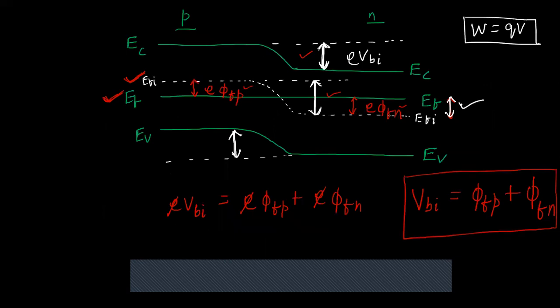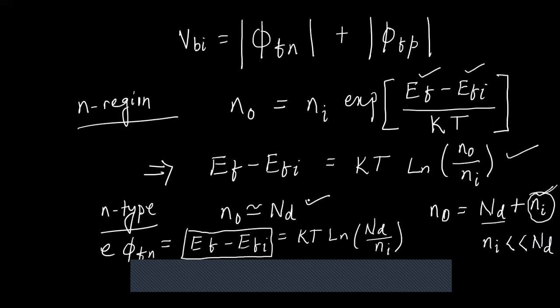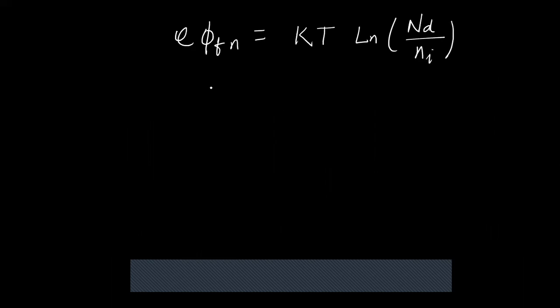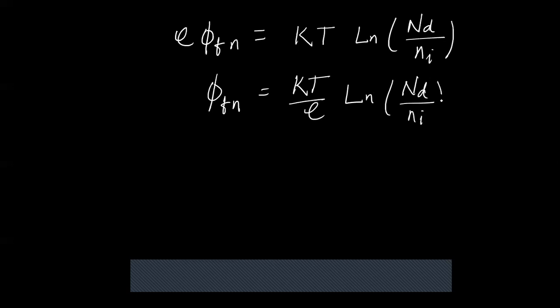So finally, e times phi Fn can be written as kT times ln of Nd, the doping concentration of dopant atoms added, over ni. From this we can write phi Fn, which is needed, because we need the modulus of phi Fn and phi Fp. So phi Fn equals kT by e times ln of Nd by ni.